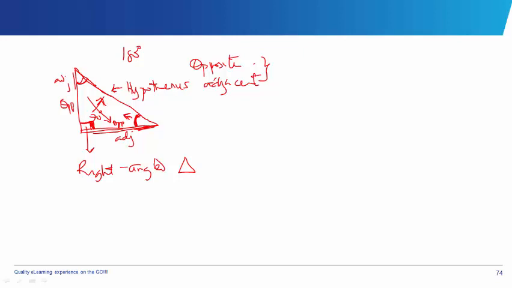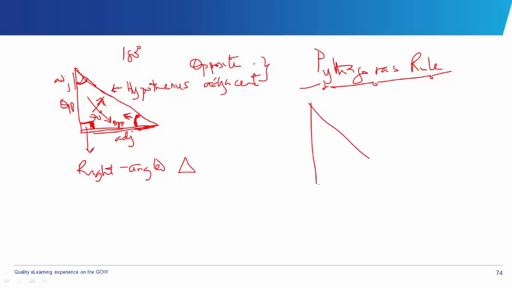Having discussed this, we're now going to discuss a very important rule known as the Pythagoras rule. Pythagoras rule states that in a right angle triangle, the opposite square plus the adjacent square always gives us the hypotenuse square.